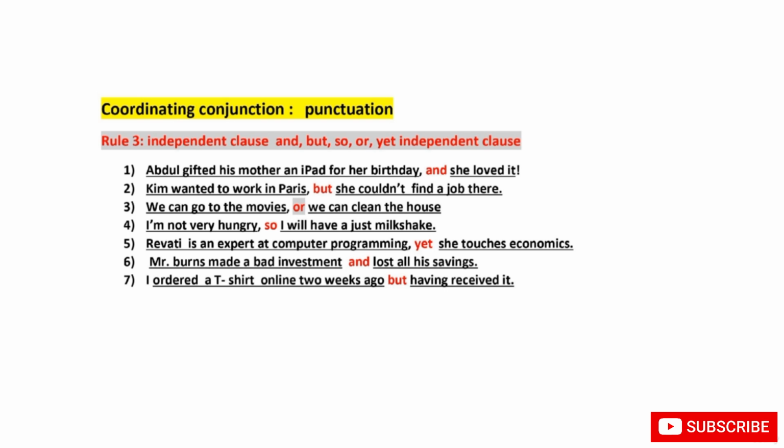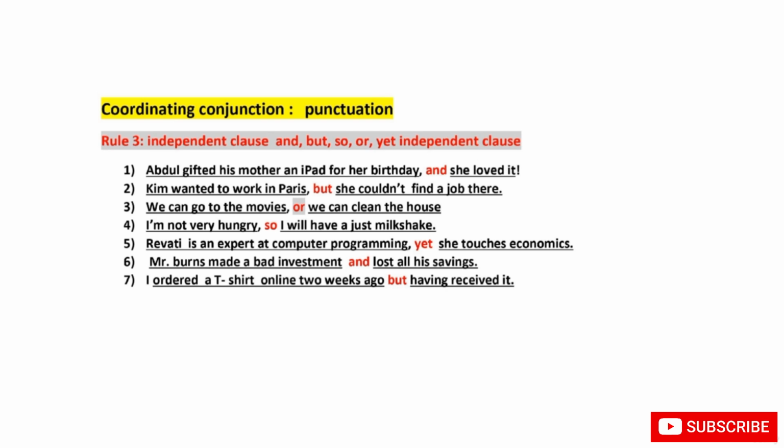In all of these examples, there are 2 independent clauses connected by a conjunction. In number 2, Kim wanted to work in Paris is the first clause, and the second clause is she couldn't find a job there. The conjunction but connects these clauses and shows contrast. That is, it shows that the 2 clauses are opposites.